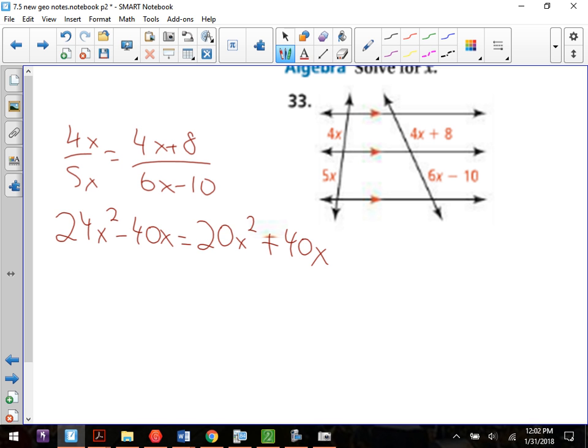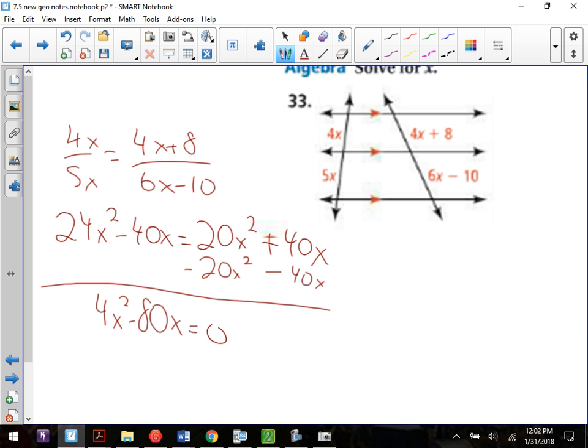So I'm going to move everything from the right to the left. Subtracting those over, we'll get 4x squared minus 80x equals 0.